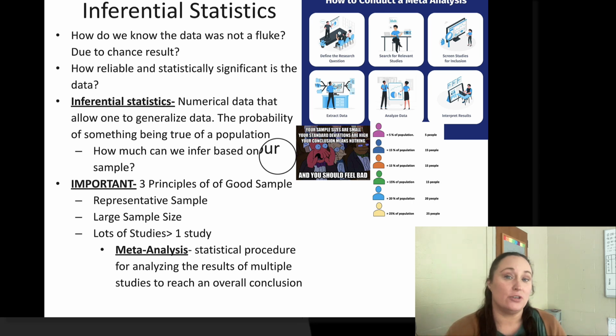And so what you do is you get a representative sample. If you choose only seniors who go to your school, is that going to be representative of the entire country? No, right? Many old psychological studies were only conducted on white middle-class men. So some of those studies have been retested and found to not make sense for certain groups.